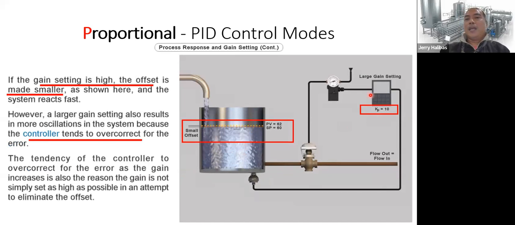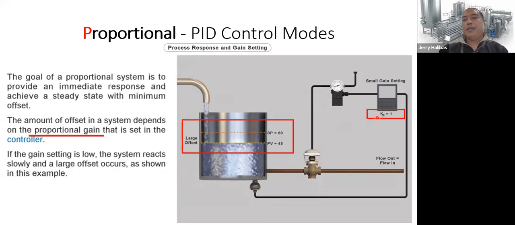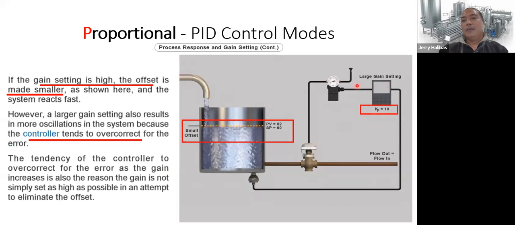Karon, take note KP is equal to 1, or small gain setting. This time we're going to set a scenario where there is a large gain setting or KP is equal to 10. Okay? So manotice nimo dire, if the gain setting is high, the offset is made smaller. Gamay na iyang offset error.